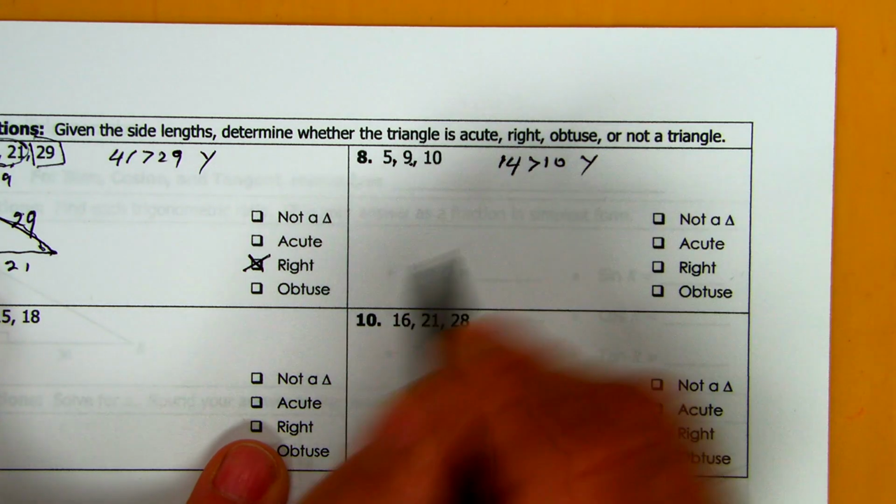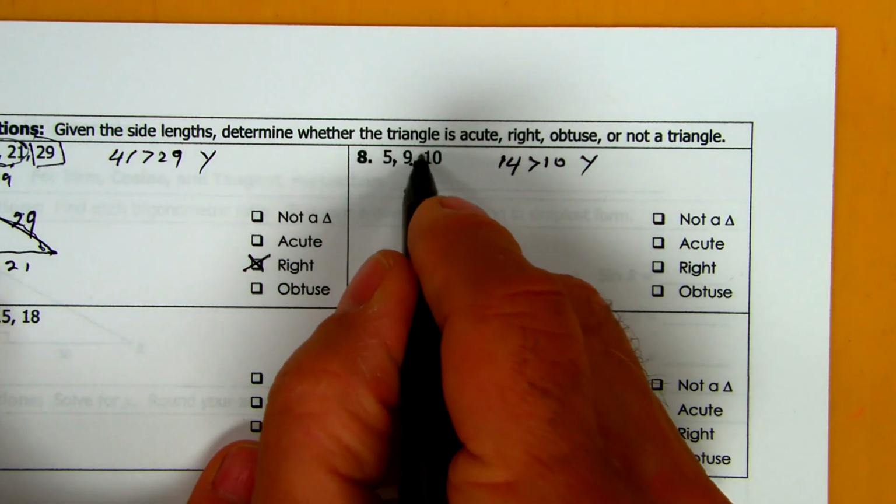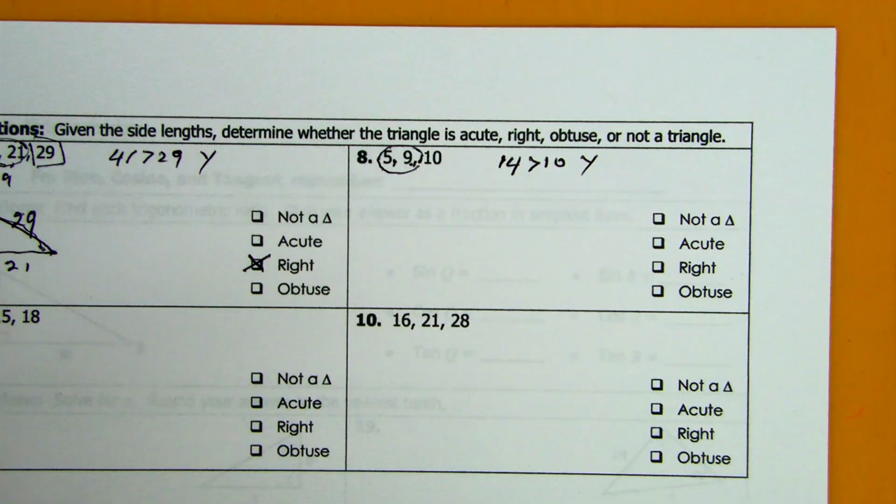Yes, so it does form a triangle. Now, let's do the Pythagorean theorem on these two legs. So I'm going to say square root of 5 squared plus 9 squared. And when I do that, I'm going to get 10.3.